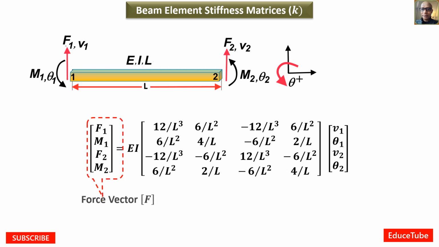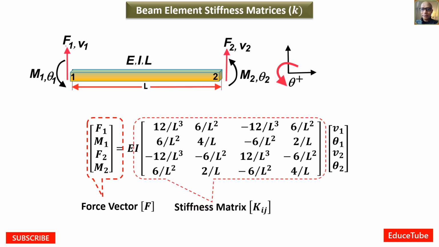So as I told, this is the force vector, this one is the stiffness matrix, and this one is the displacement vector. So we got the beam element stiffness matrix.